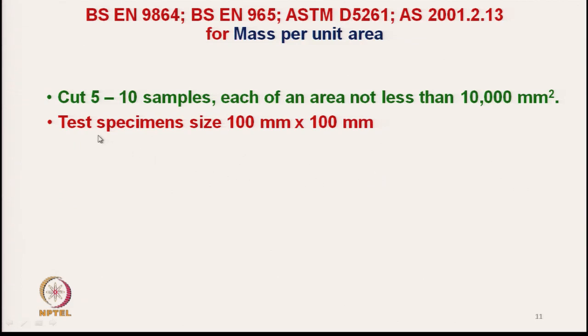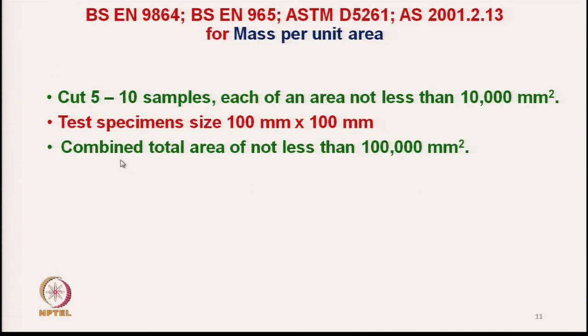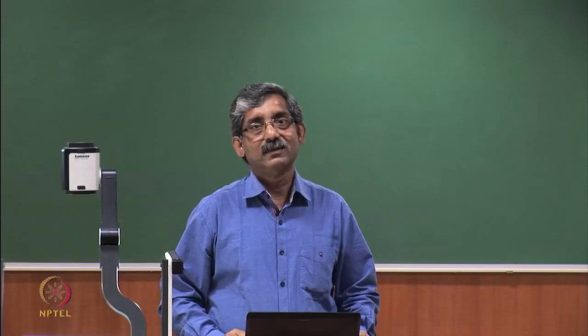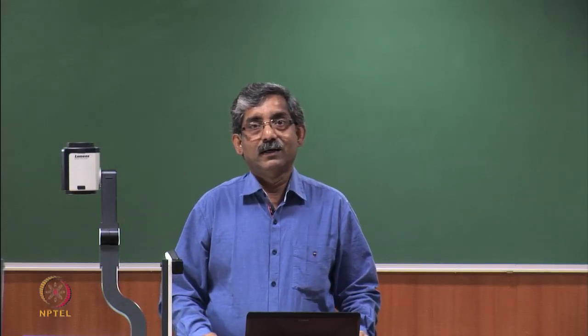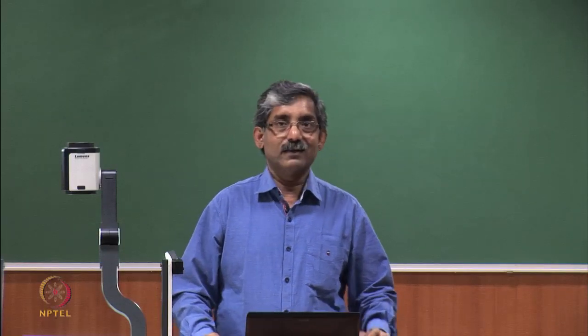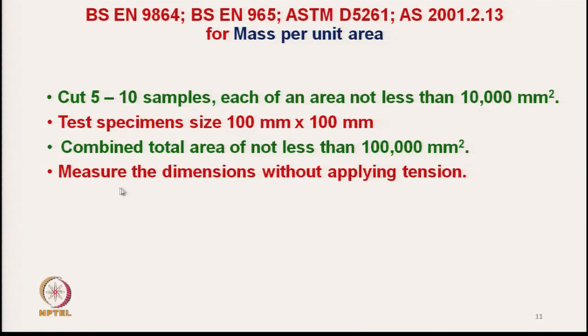That is the test specimen size, and a combined total area of not less than 100,000 square millimeter. So, for geotextile we need to test a larger size. At least 10 samples should be there, with dimensions measured without applying tension. So, we have to test in relaxed condition.